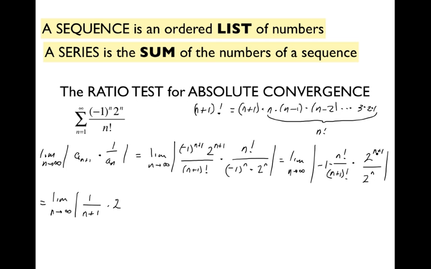So 1 more 2 in the top than in the bottom. Limit is? How about the limit as n goes to infinity? 0, right? Easy sequence. 2 over n plus 1 goes to 0. Less than 1. Conclusion? Absolutely convergent. Meaning what? What does absolutely convergent mean?